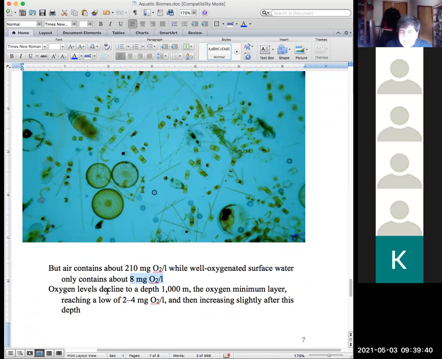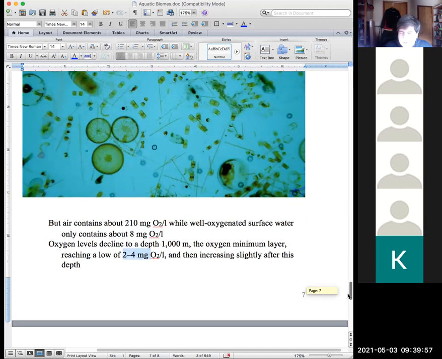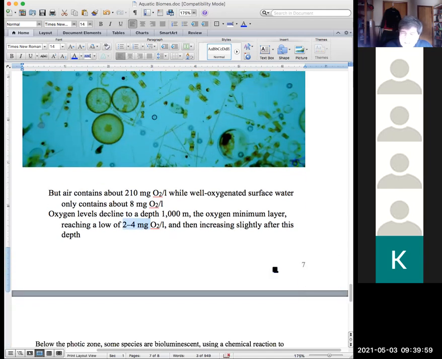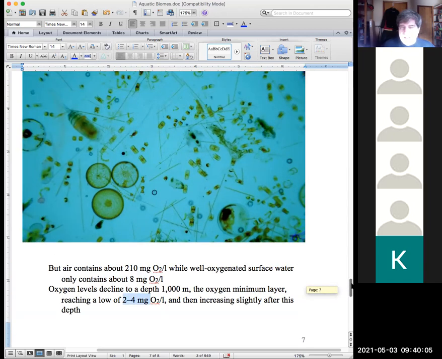By the time we get down to 1,000 meters, oxygen levels have declined to somewhere between about 2 and 4 milligrams per liter. I'm not sure why, but they're slightly lower in the Pacific. The 2 is what we see more in the Pacific, and the 4 is more what we see in the Atlantic. After this, they increase a little bit, not much.